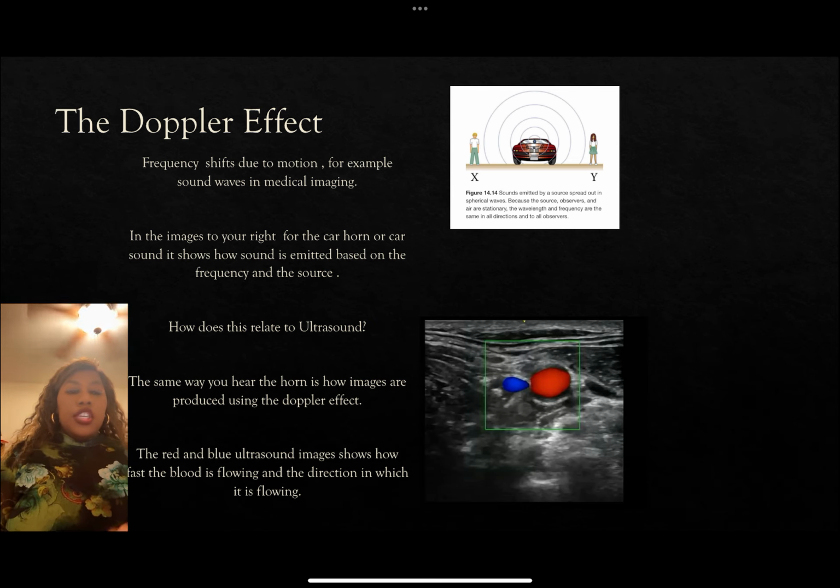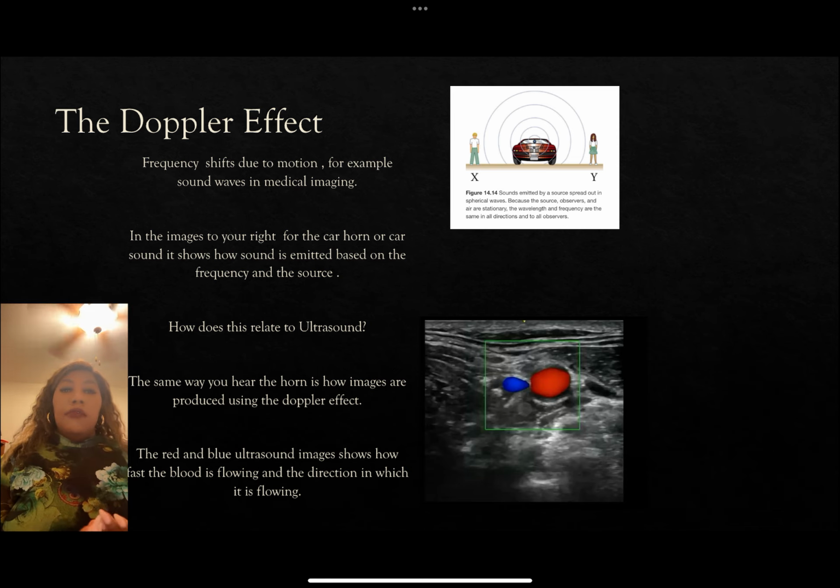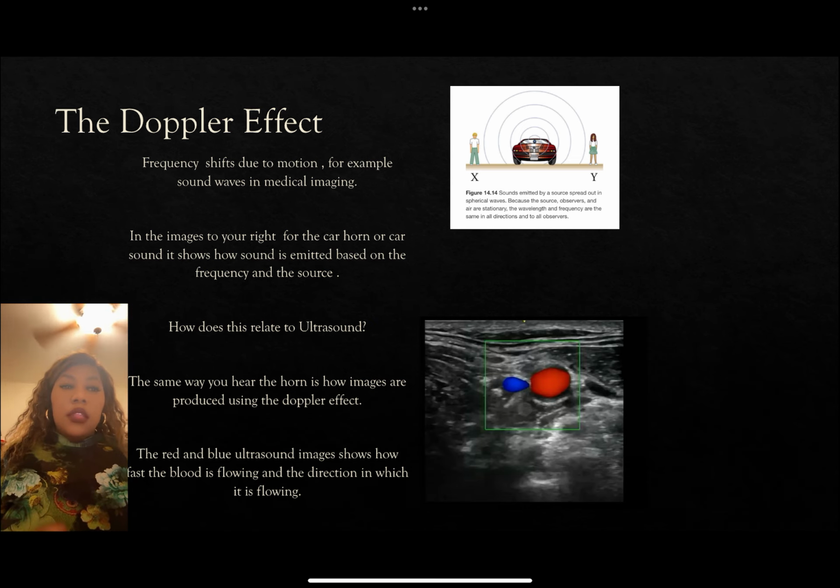Another image that you're going to see on your right is the image of a red circle or oval and the image of a blue oval. When I was first introduced to this, I didn't know what it meant. Like red light, blue light, what's going on? But the red one is an artery and the blue one is a vein. This is something that's used in sonography.